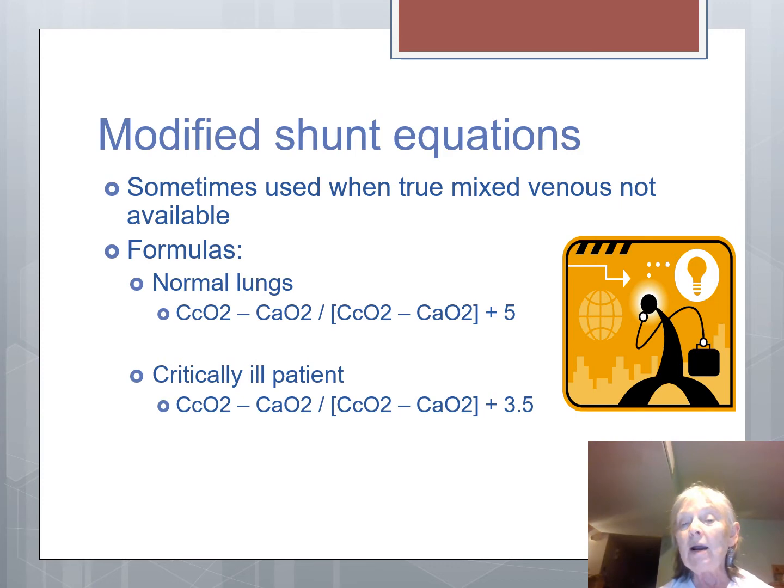If you're making yourself a formula sheet to take with you, make sure you put these formulas in there. I would not be surprised if you hear about them when you go to your clinicals, because we're starting to use these formulas simply because we don't have the mixed venous blood that we'd like to have.